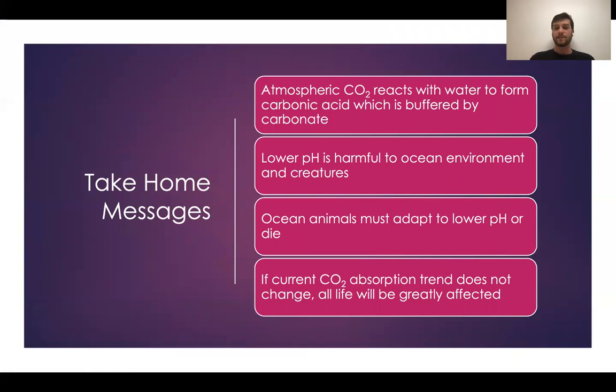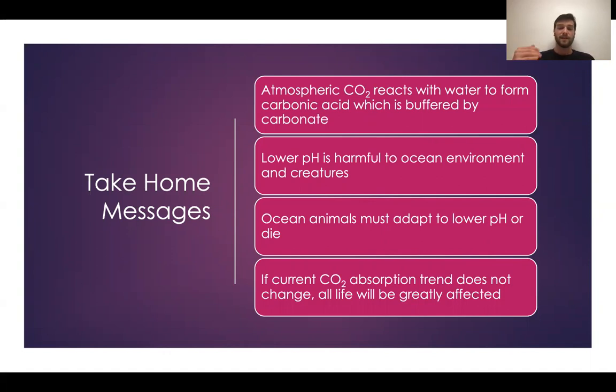So for the take-home messages, we see atmospheric carbon dioxide reacts with water, and it creates carbonic acid, which then reacts with the buffers in the water, which can take away carbonate ions from crustaceans such as crabs and clams and oysters and corals, and that can kind of destroy their lives and their environment.